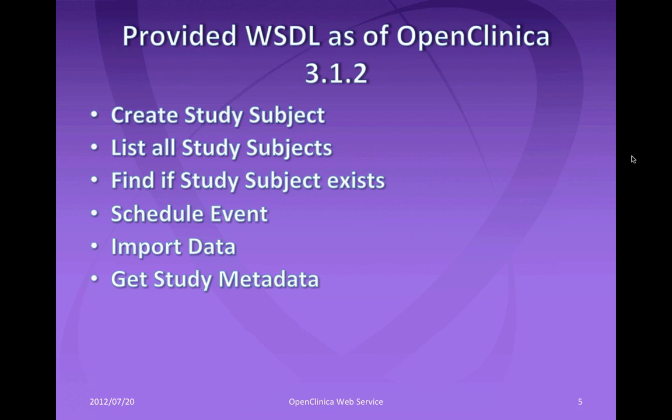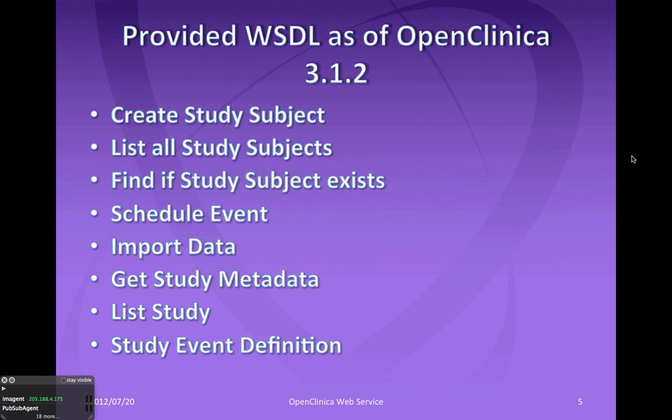Get study metadata, which returns study definition metadata in CDISC ODM XML format with OpenClinica extensions. List study, which returns a list of studies and sites. Study event definition, which lists study event definition in study.